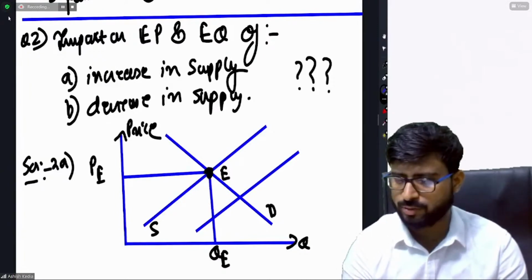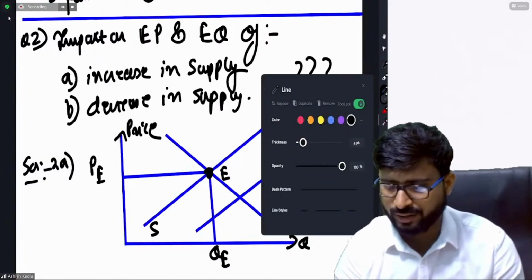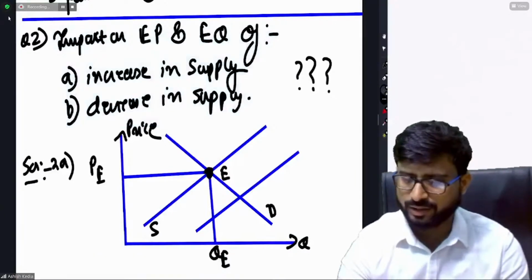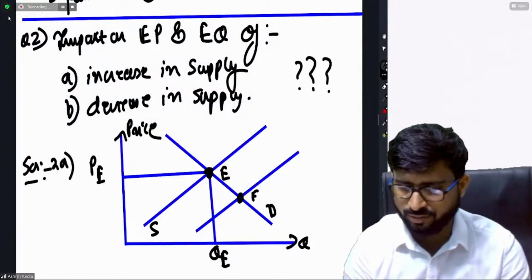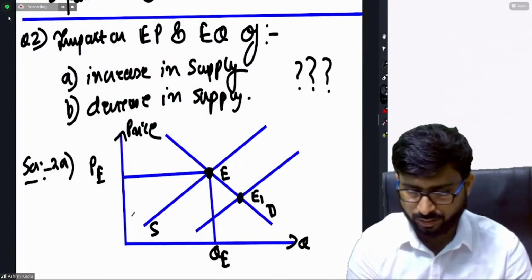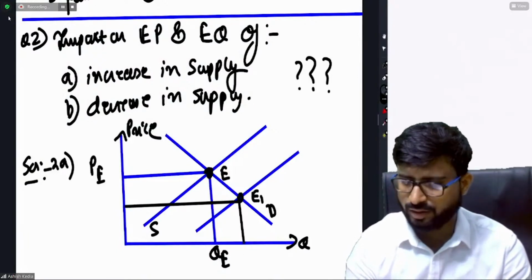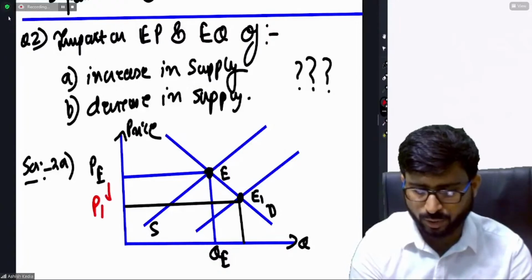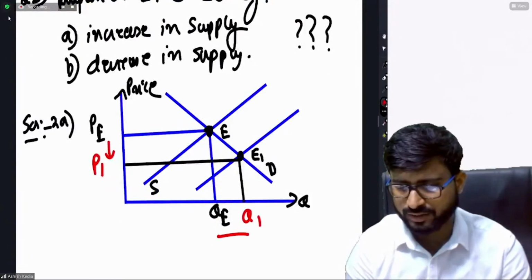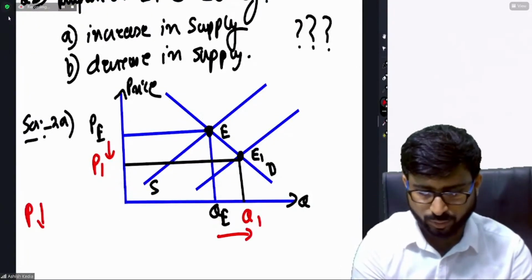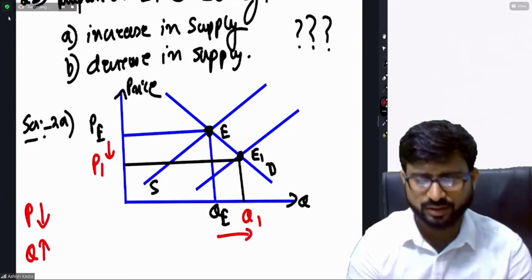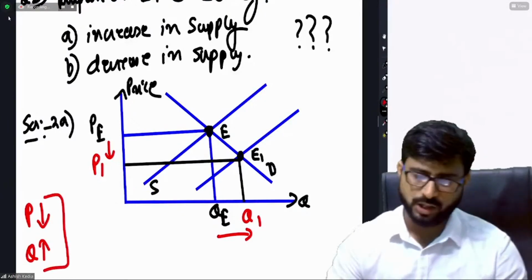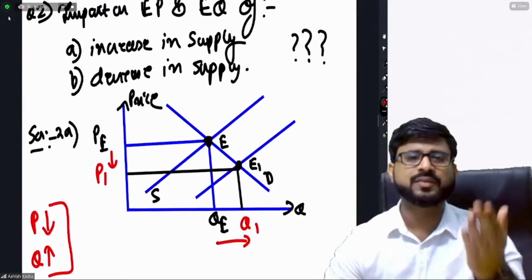But you get your answer now. Where they are intersecting, here they are intersecting the new intersection E1. So see here, equilibrium price has fallen, but equilibrium quantity has risen. Now you all want to know how? I'll tell you without it also.